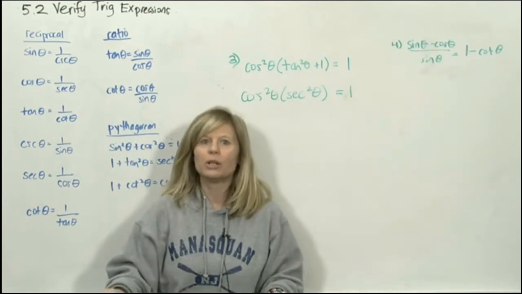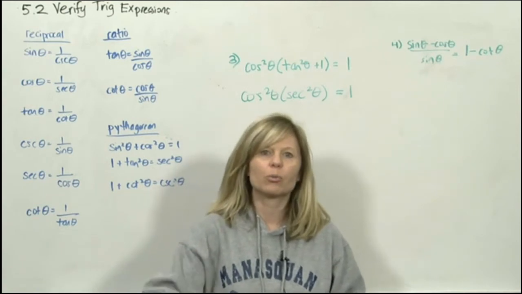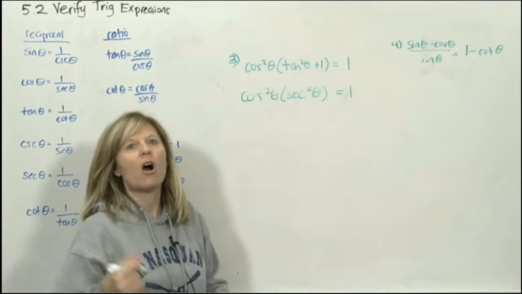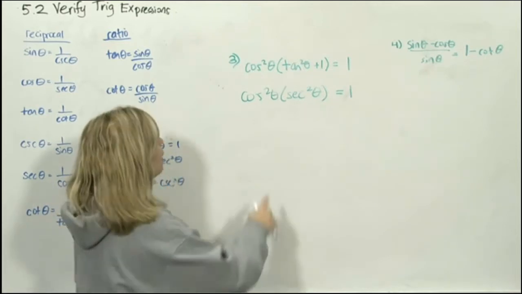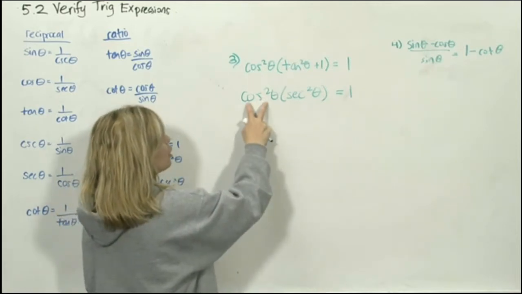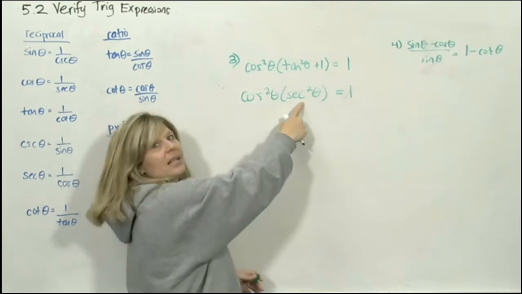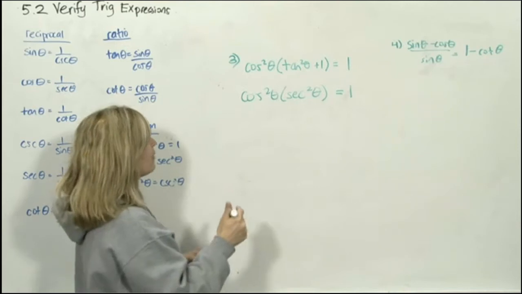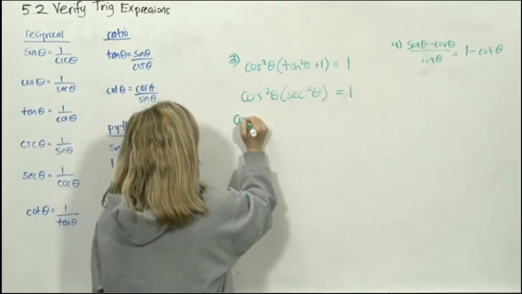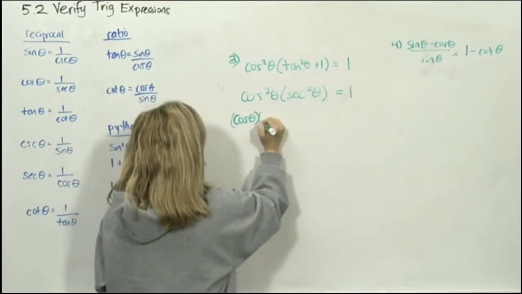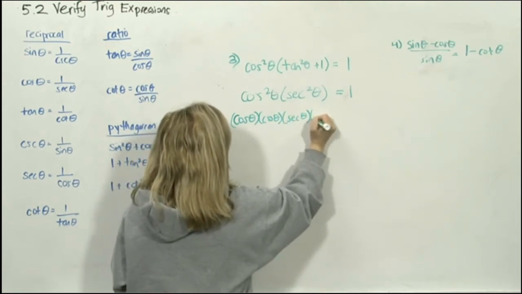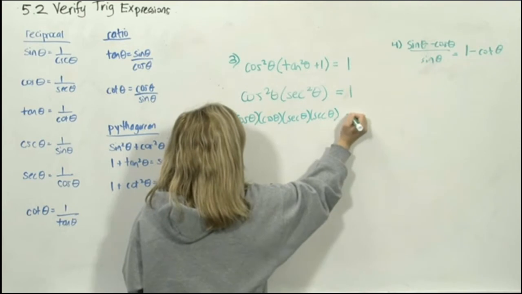Well, if that's the rule in algebra, that is also the rule in trigonometry. If we multiply reciprocals, our value is 1. Now, how many cosines are here? There are 2 because it's squared. How many secants are here? There are 2. There's a squared. So what you're saying here is there's a cosine theta times a cosine theta times a secant theta times a secant theta.